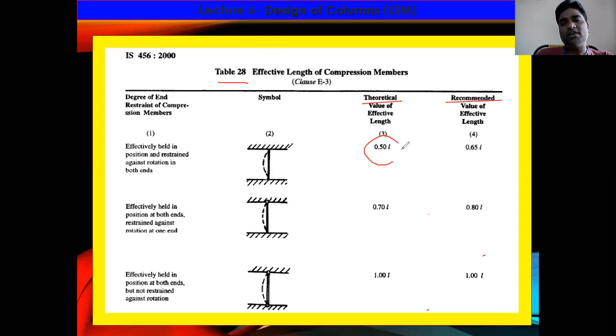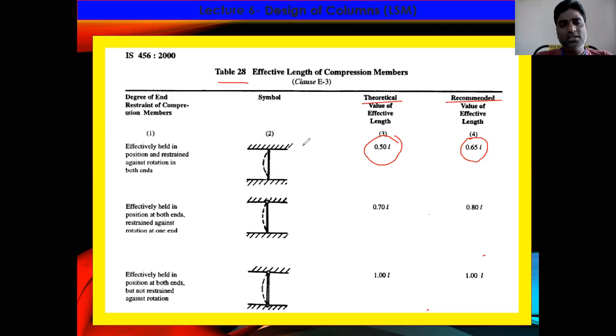These are the theoretical values, determined, and these are the recommended values. Why? Because in theory we are assuming that both ends are fixed. But there are some other conditions which will affect the effective length of the member. It is very difficult to maintain the supports as rigid, and we cannot make them exactly fixed.